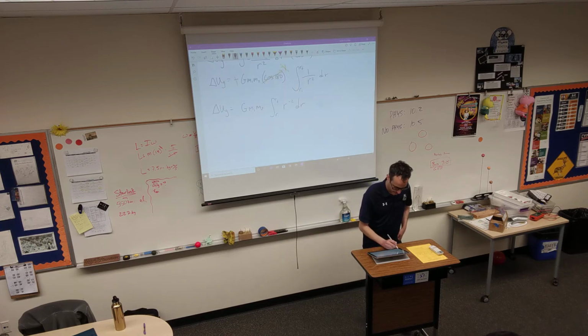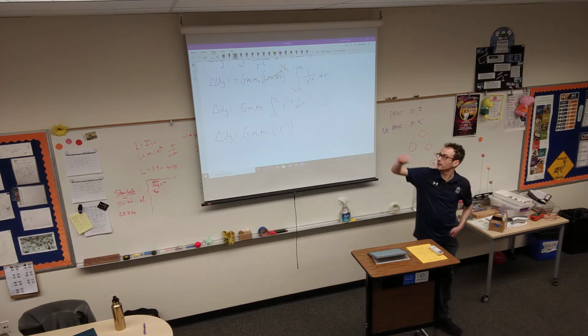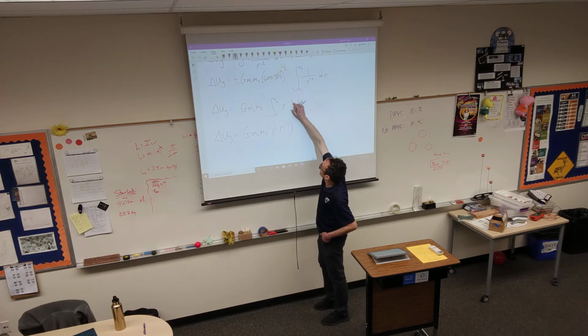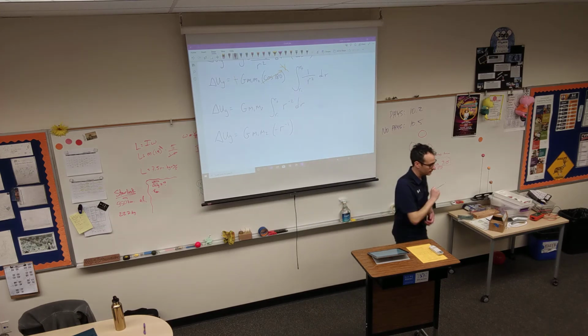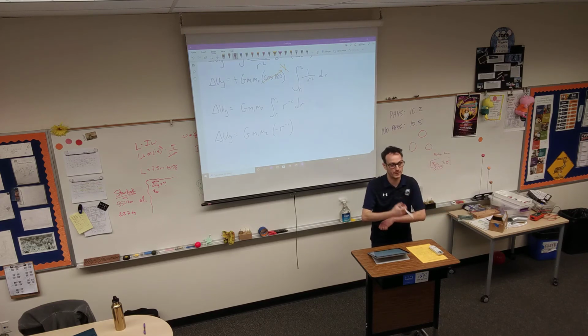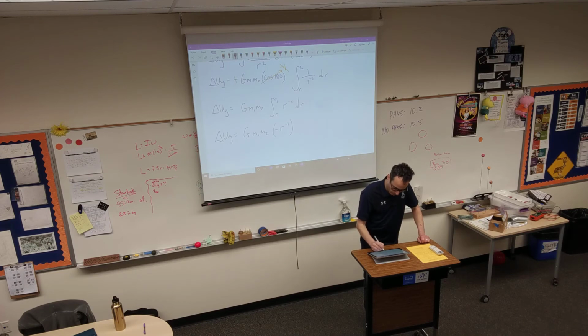Negative 1 over negative 1, so this is r to the negative 1 with a negative in front. Again, you add 1 to the power, and then multiply by the inverse of the result. The inverse of 1 is just 1. This is evaluated from r initial to r final.